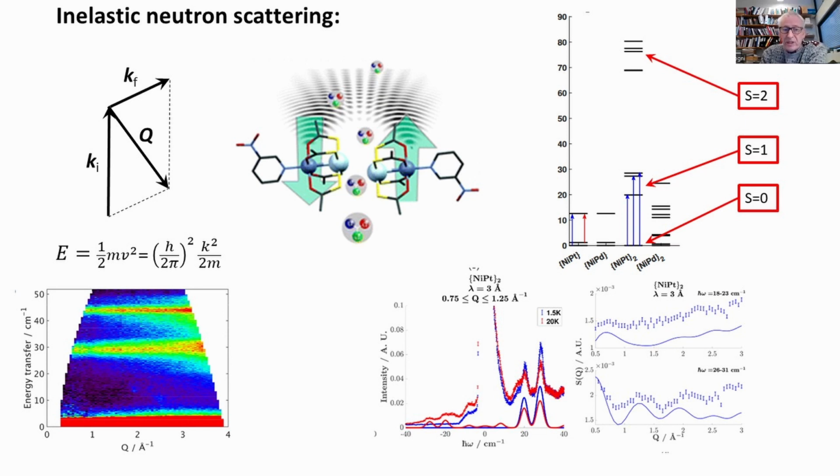And this an INS spectrum of such a nickel dimer is shown here. And if you look at how the intensity of this line and of this line varies with Q, which is essentially how it varies with scattering angle, is shown here.